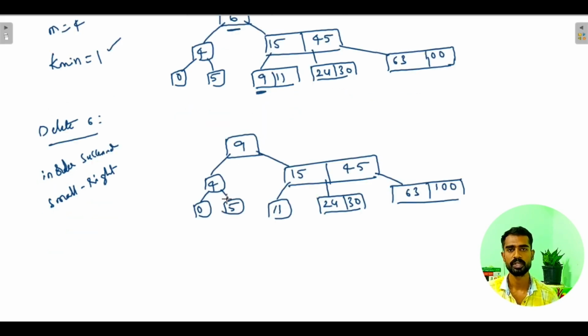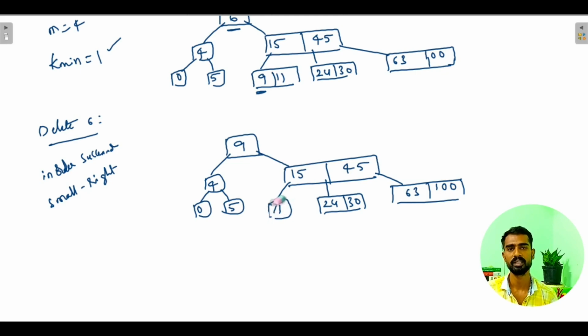So here if you see, after we swap 9 with 6, 6 comes to this position, and as 6 is to be deleted, now 6 is a leaf node, so I can go ahead and delete 6 without any trouble, right? But here is the catch. Sometimes after deleting 6 from here, we will not have any key here.